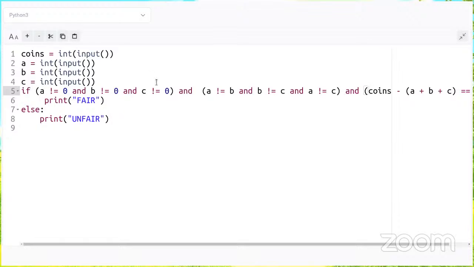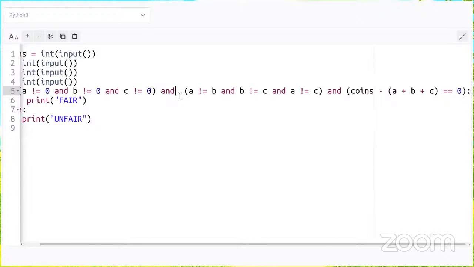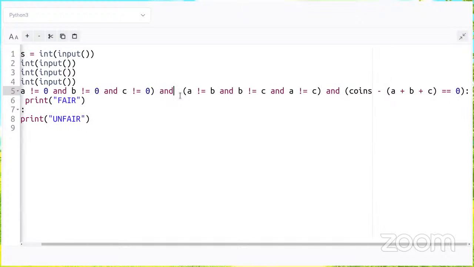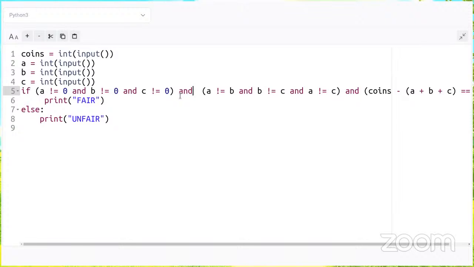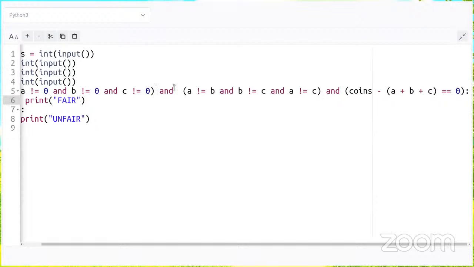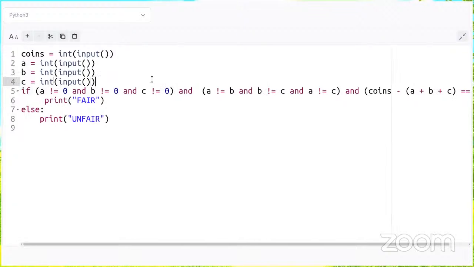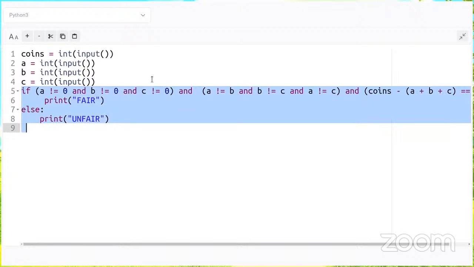There are several ways to do this, right? Instead of having such a long if condition, I might want to break it down into 3 separate parts. But this is good.